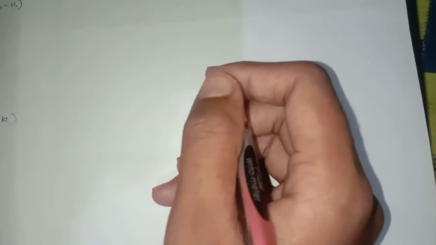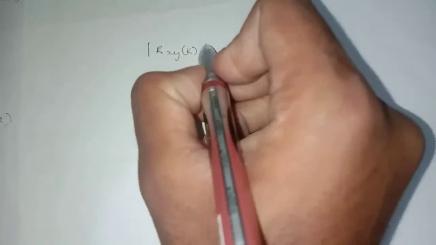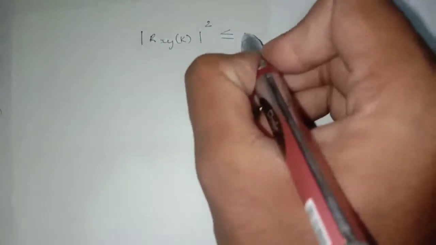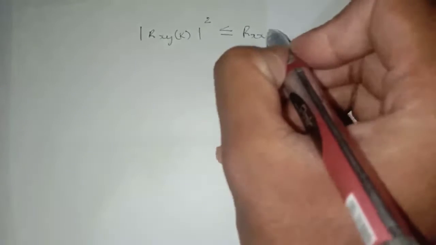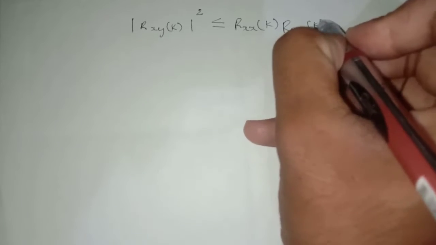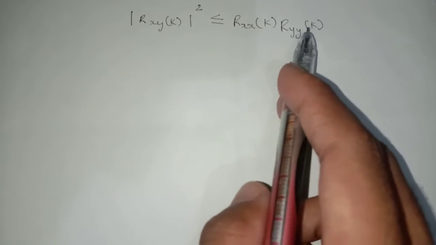So next, let us prove the energy property. The energy property states that the modulus of rxy of k whole square will always be less than or equal to rxx of k times ryy of k. This rxx of k and ryy of k are nothing but the autocorrelations.